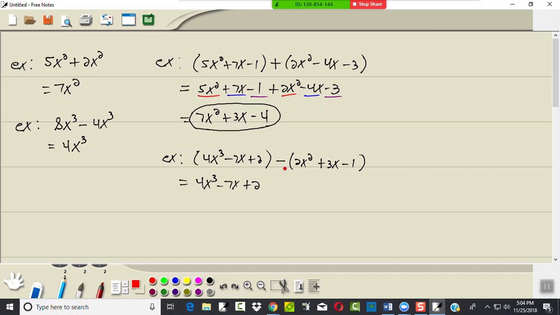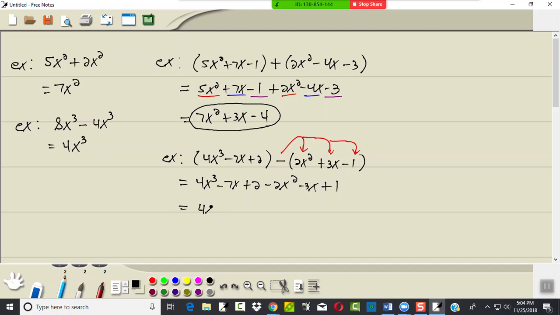Now a minus out in front of your parentheses flips the sign of everything inside. So this is going to flip the sign of the positive 2x squared, the positive 3x, and the negative 1. So the positive 2x squared becomes a negative 2x squared. The positive 3x becomes a negative 3x. The negative 1 becomes a positive 1.